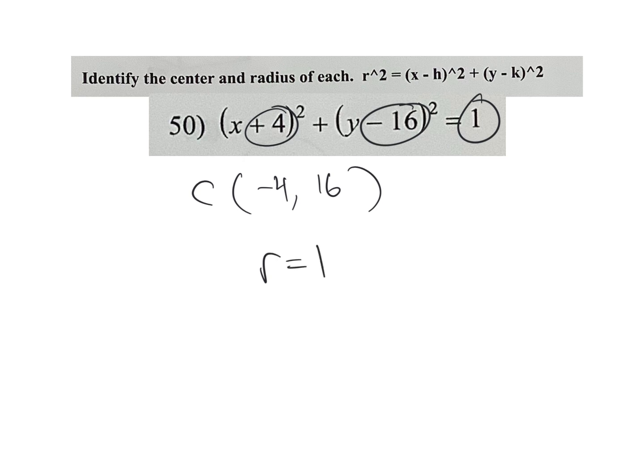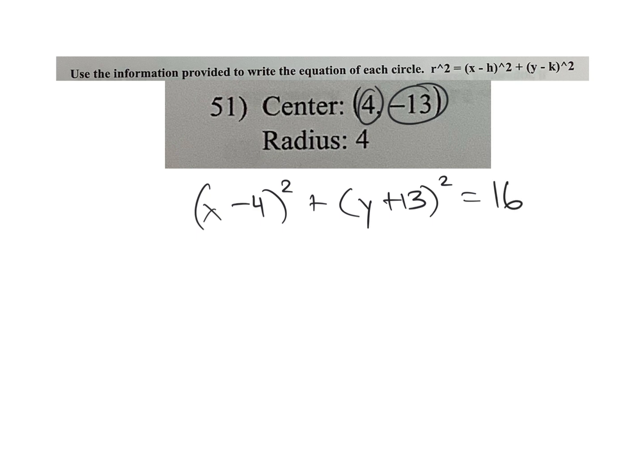So now let's go backwards. Given the center and the radius, again we do the opposite number, negative 4, positive 13, and then we square the radius to get this value. 4 times 4 is 16.